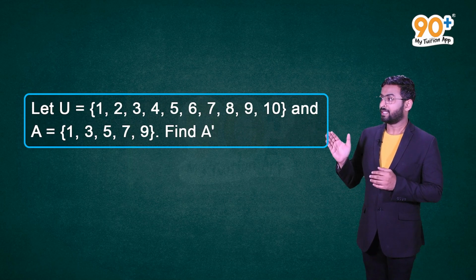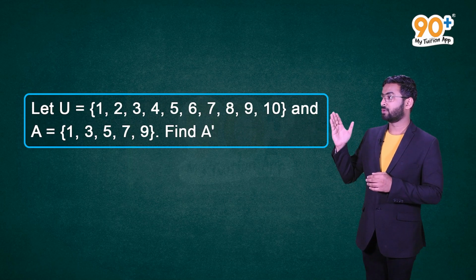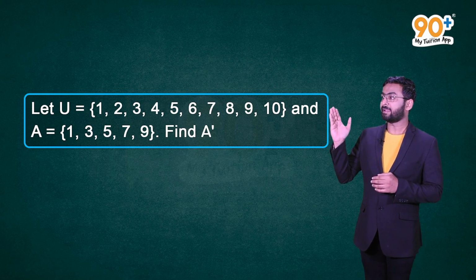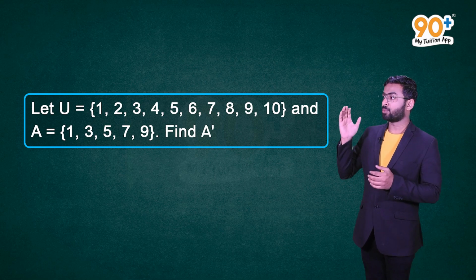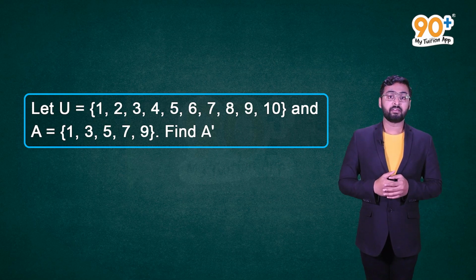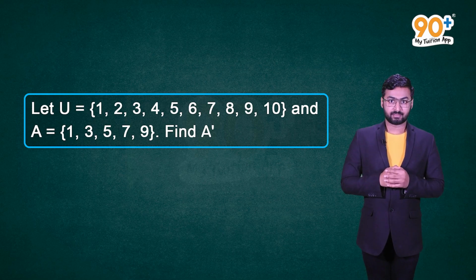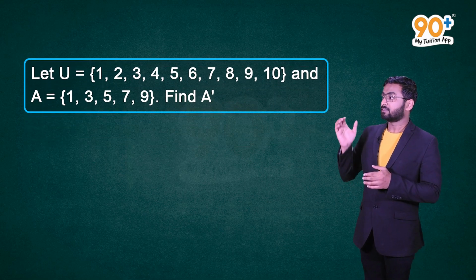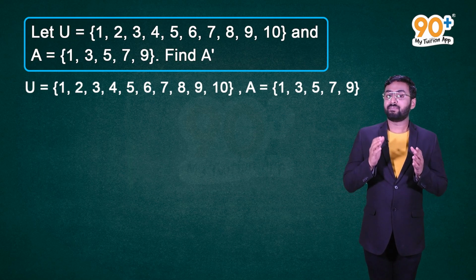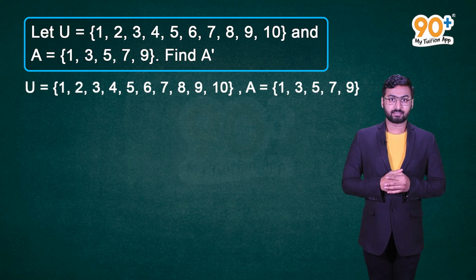Let U equal to set 1, 2, 3, 4, 5, 6, 7, 8, 9 and 10 and A equal to set 1, 3, 5, 7 and 9. Find A complement. Here, the universal set U and the set A are given and we have to find out A complement.